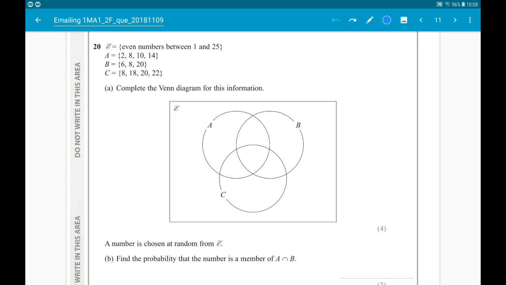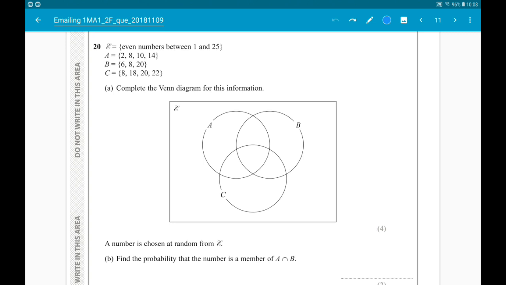So, subset A is 2, 8, 10, 14, B is 6, 8, 20, C is 8, 18, 20, 22. Part A wants us to complete the Venn diagram for this information.